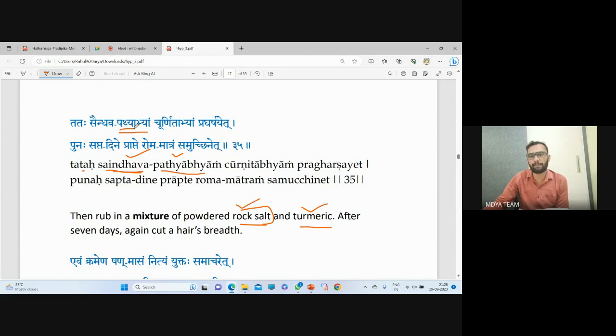Pathya meaning good for us. So these two we have to take, rock salt and turmeric. With the help of these, we have to do the milky exercise.